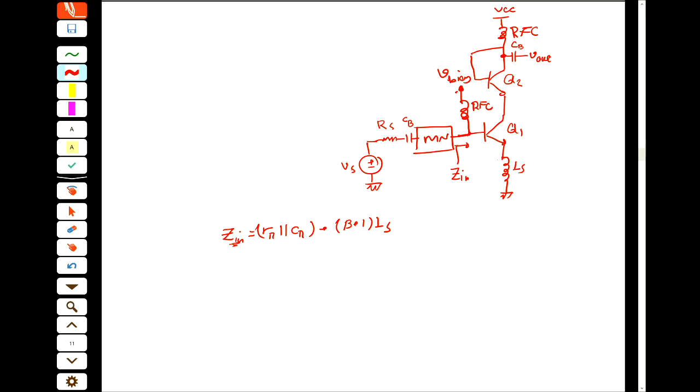The value of this DC blocking capacitor, again, at DC should be very high impedance, and at your operating frequency should be very low.